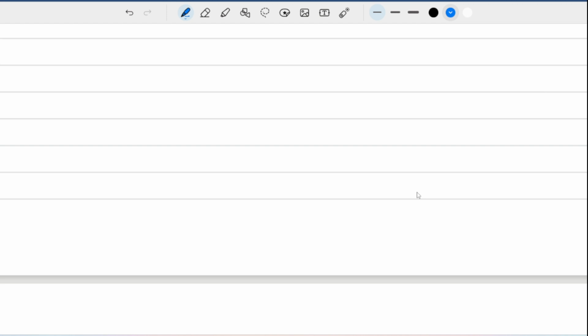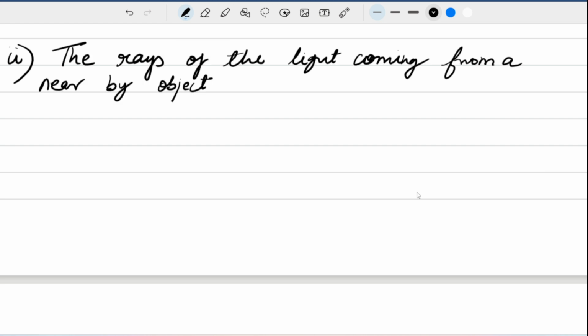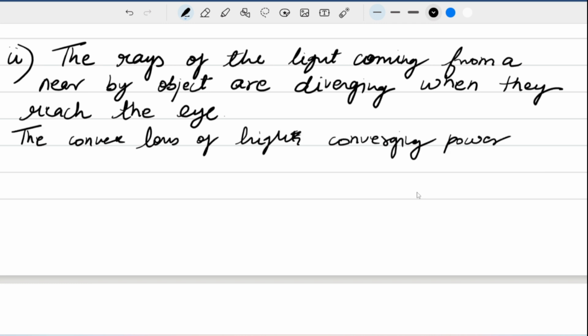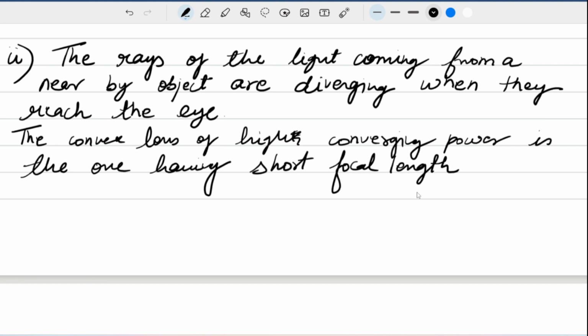So we'll write down this point: the rays of light coming from a nearby object are diverging or spreading out when they reach the eye lens. So the convex eye lens of high converging power is the one having short focal length and it is quite thick.